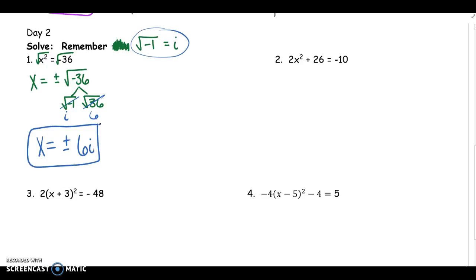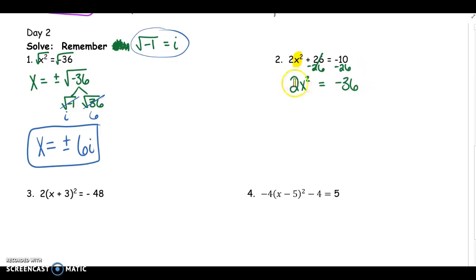Number 2, there's a few more things on the left side that we need to get rid of before we square root. You don't want to square root both sides until that x squared is completely by itself. So what should we get rid of first? The 26 by subtracting 26 on both sides. That gives us 2x squared equals -36.